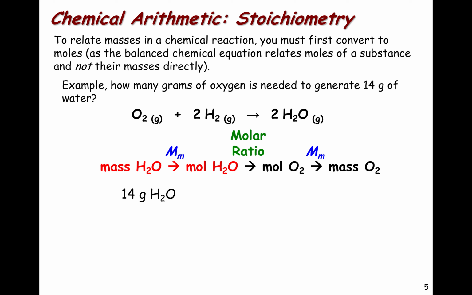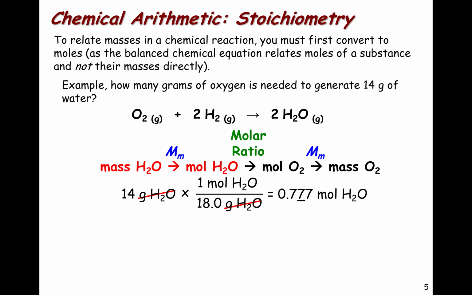If we start with 14 grams of water as the given from the problem, we can then use the molar mass of the water, which is the sum of an oxygen atom, which is approximately 16, and 2 hydrogens, both of which are 1 gram per mole. So we add those together, we get a total of 18. And you'll notice that we put the grams of the water in the denominator of this ratio because it will cancel with the grams of water in the given of the 14 grams of water. And then that cancels, leaving us with moles of water.